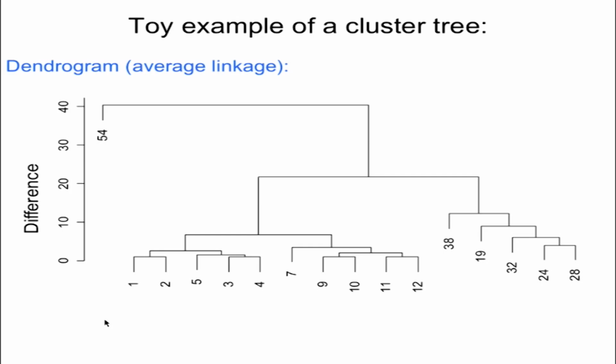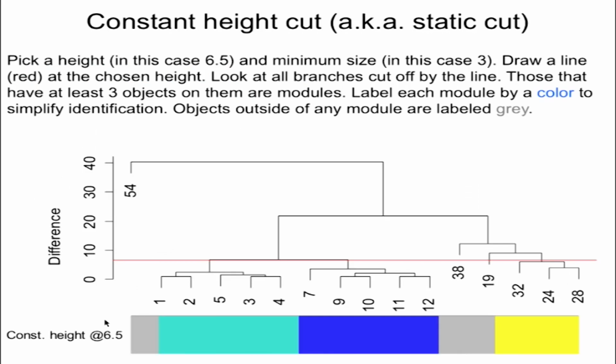Okay, so how would one then arrive at clusters? Well, one way is to cut it in a static fashion. Do you see the red line corresponds to a height cutoff? Remember, the y-axis is the distance. And so you fix a static cut and you say any branch underneath this red line gets a cluster label.